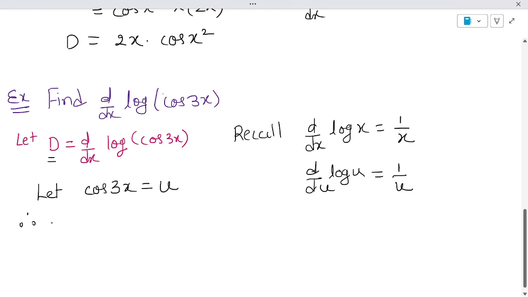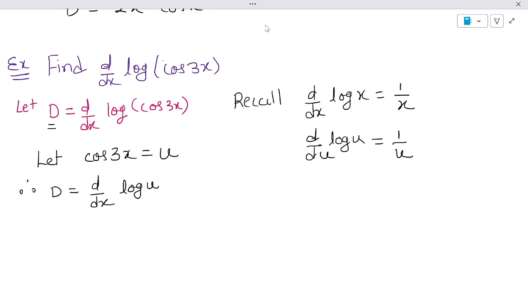So therefore this d is nothing but derivative of log of u with respect to x. अब यहाँ पे फिर से we have function of u and derivative with respect to x. तो यहाँ पे chain rule comes in action. तो instead of d by dx we write here d by du, log u as it is.